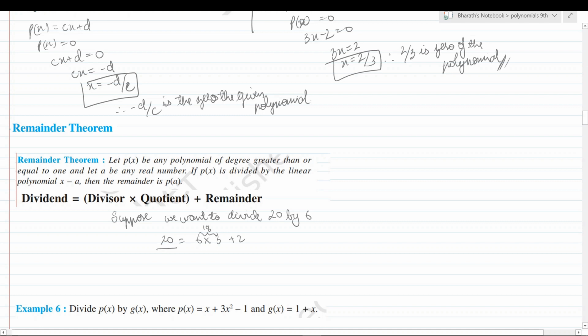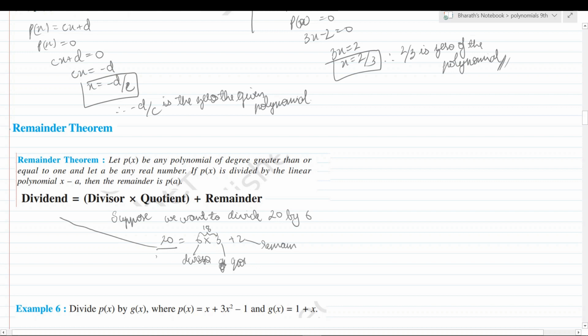So here this is the dividend. This is the divisor. This is the quotient. This is the remainder. This is a basic form of showing the remainder theorem.